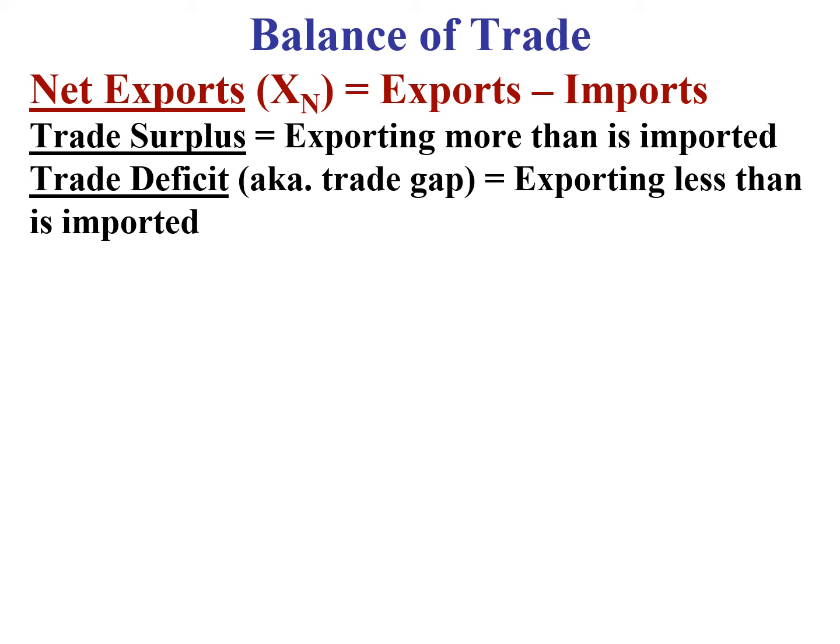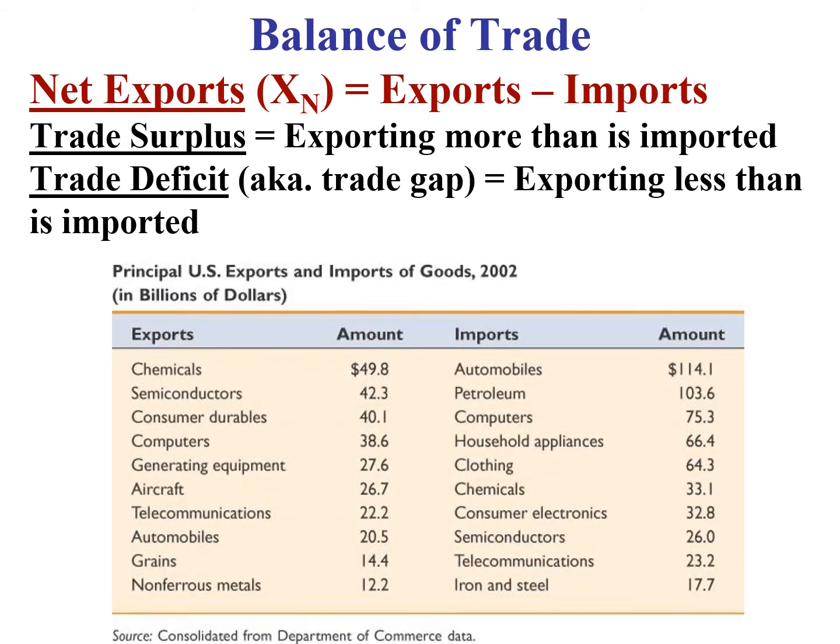It is more likely imports would exceed exports, or exports would exceed imports. If exports are greater than imports, the United States would incur a trade surplus. Most likely, since 1974, the United States will experience a trade deficit, a trade gap, where exports are less than imports, or imports are greater than exports.